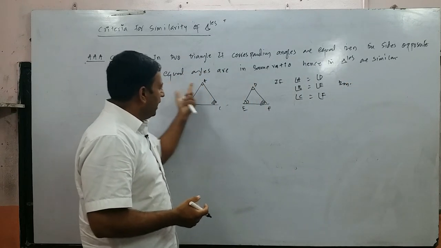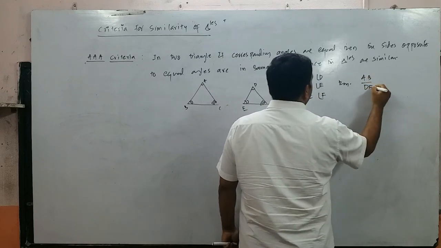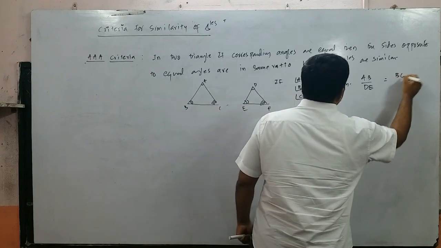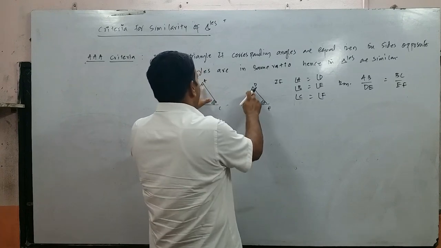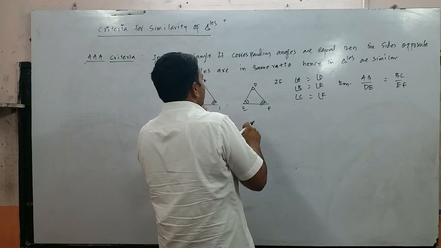So I can write AB by DE is equal to BC by EF, right? These are the two angles. Opposite to that, these two. Like that, AB by DE.